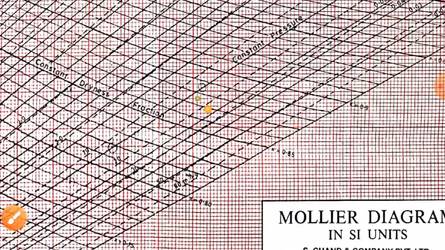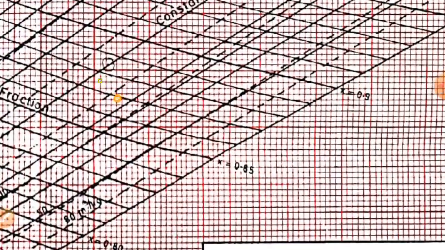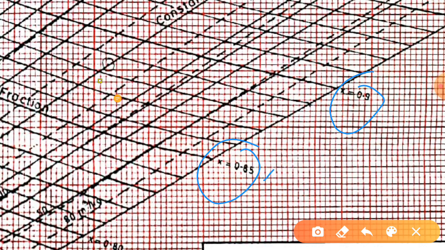Please note down here we have dryness fraction values: 0.85, 0.9, and moving in this direction 0.87, 0.88. So this is our state 4, that is 0.88. X4 I can write as 0.88.